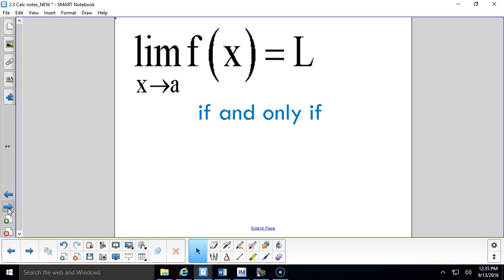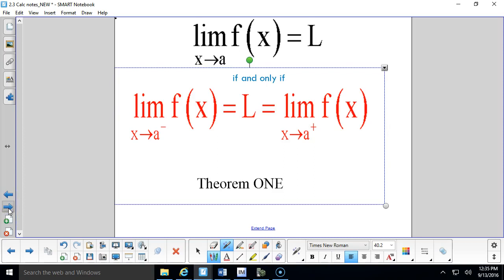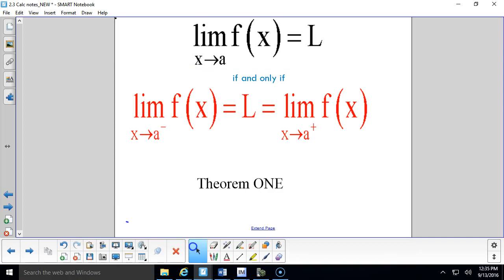Now, in math, the if and only if concept means it works both ways. So, the limit of f of x as x approaches a is L, if and only if this is true. Look at what this is saying.